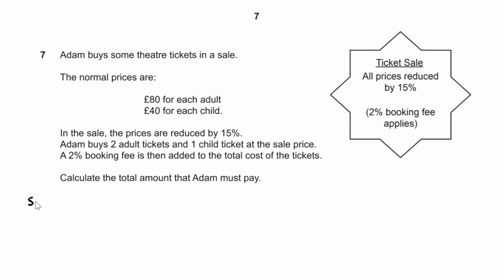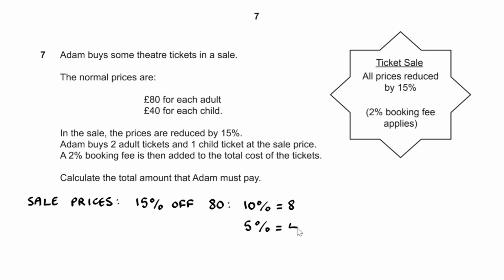So for the sale prices, for the adult tickets, well, we'd have to work out 15% of £80. So we have 15% off 80. Well, to do this, we have 10%, which corresponds to 8. 5% corresponds to 4.